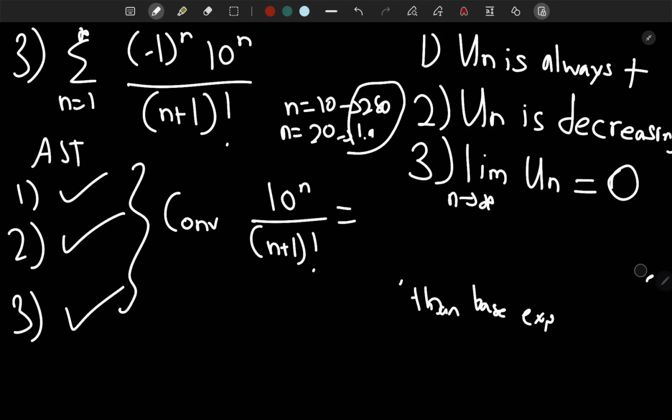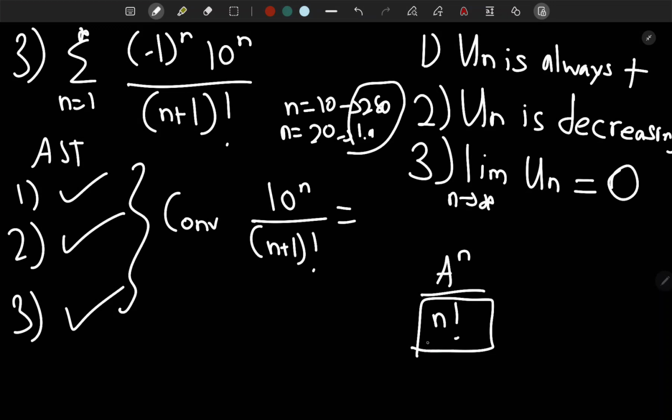So once again, the most important thing here to remember is, when we have a base, let's call it any integer a, to the power of n over n factorial, in this case the factorial is increasing at a faster rate than the numerator.